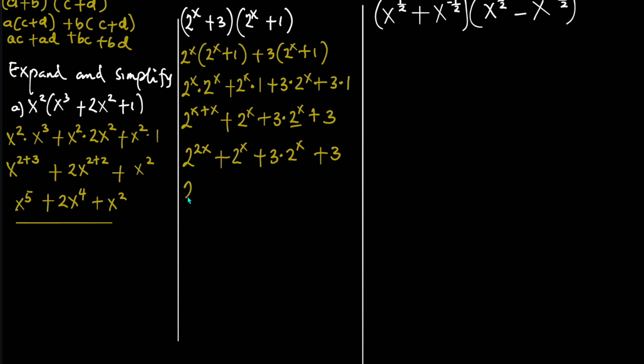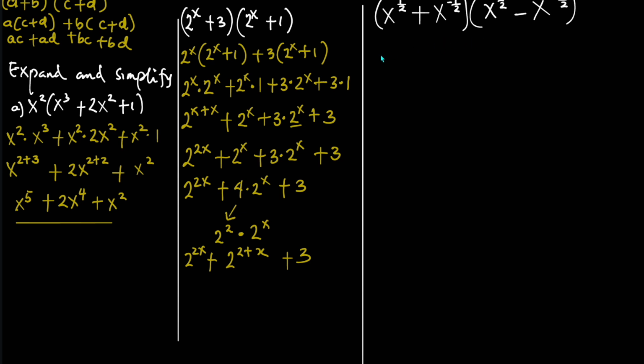So you have 2 to the power of 2x plus, so 3 plus 1 of this gives 4. Now you can simplify this further, since this can be written as 2 to the power of 2. And then you take that with this, so this becomes 2 to the power of 2 plus x. So you can bring this down, plus 2 to the power of 2x, and this gives 3.